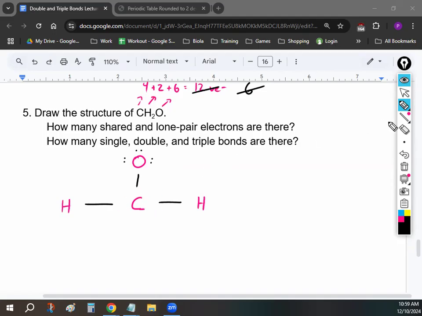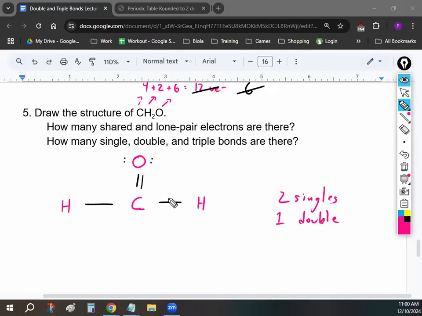It wants 2 more. So what we're going to do is we're going to force this oxygen to share 2 of its electrons, and that's how you make everybody happy. That's it. So in this situation, we had to draw a double bond and 2 single bonds. So in this molecule, we have 2 singles and 1 double.